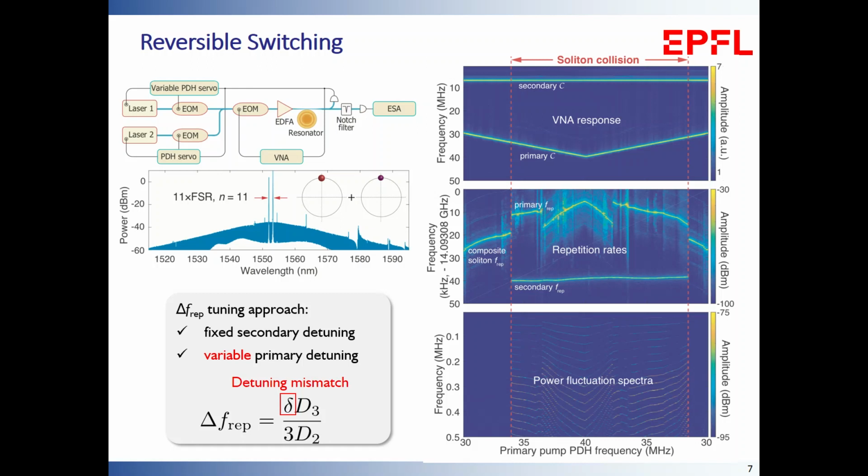The limit has been broken, and we cross the boundary to the collision regime, and then two different repetition rates show, and we can see these power fluctuations that are due to the cross-phase modulation, the soliton collision.